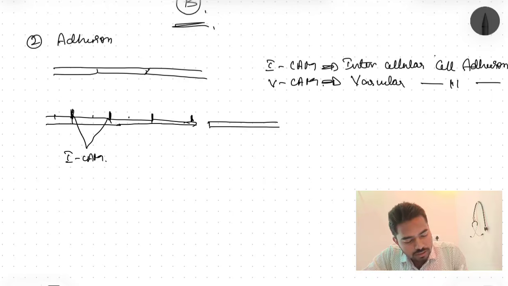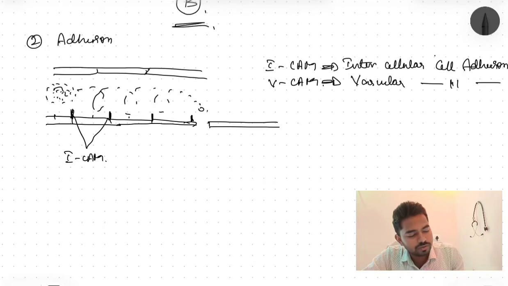We know that the neutrophil was rolling and reached here, and it gets attached to this VCAM or ICAM. Okay.